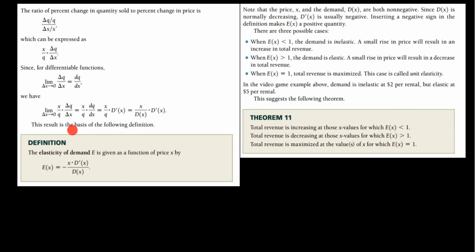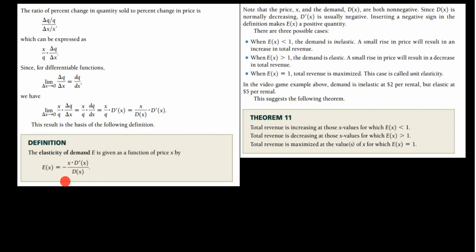But the big deal for this section is the definition here, the elasticity of demand E. So E is going to be the elasticity of demand, and it's just a function. And again, note the negative. Hopefully, I won't make that mistake in this particular lecture. Sometimes I'm in a hurry and I forget the negative sign. It happens to everybody. But it's negative x times the derivative of d divided by d.